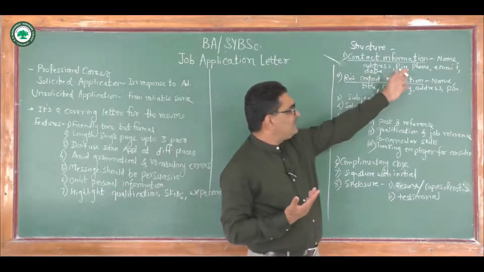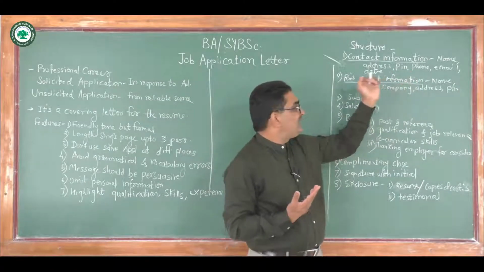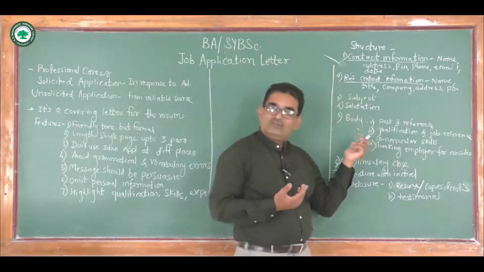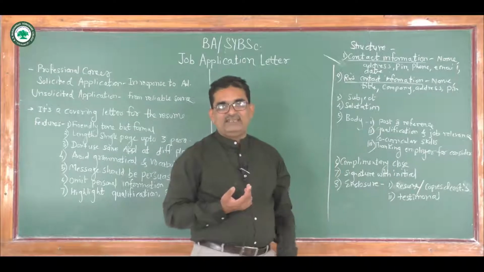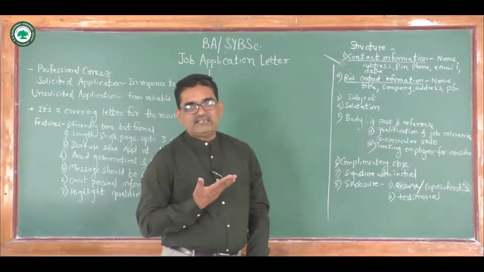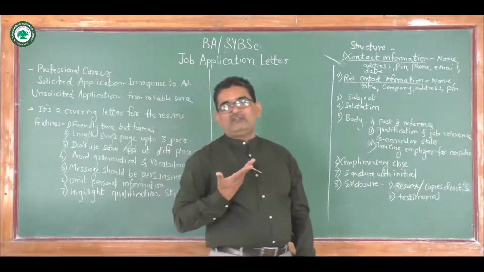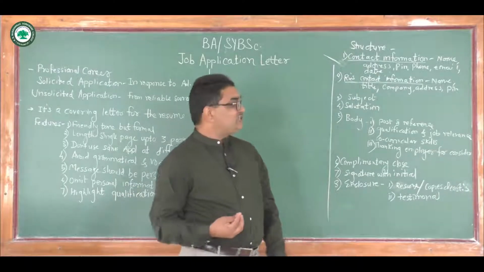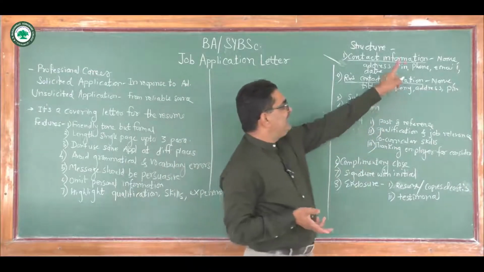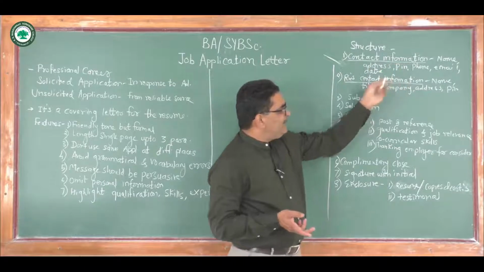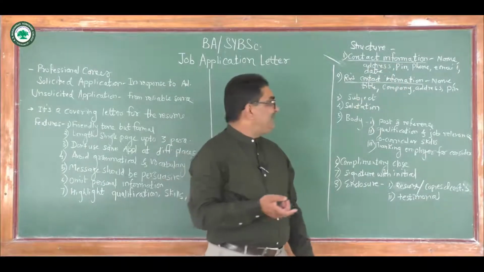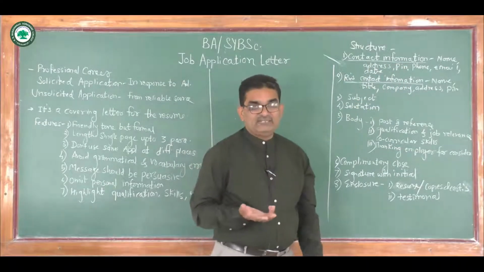Then your pin code, your phone number, your email address and date. The date should be spelt, for example, 22nd November 2020. So name, address, pin code, phone, email, date should be mentioned in a letter.